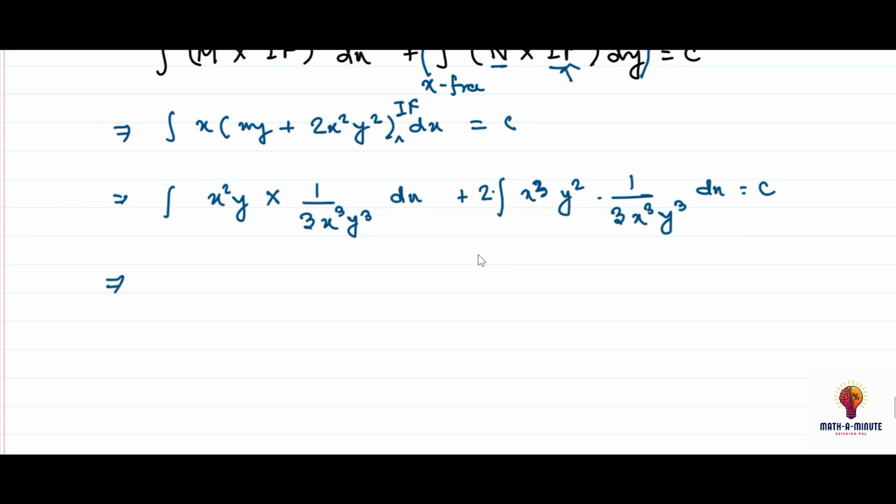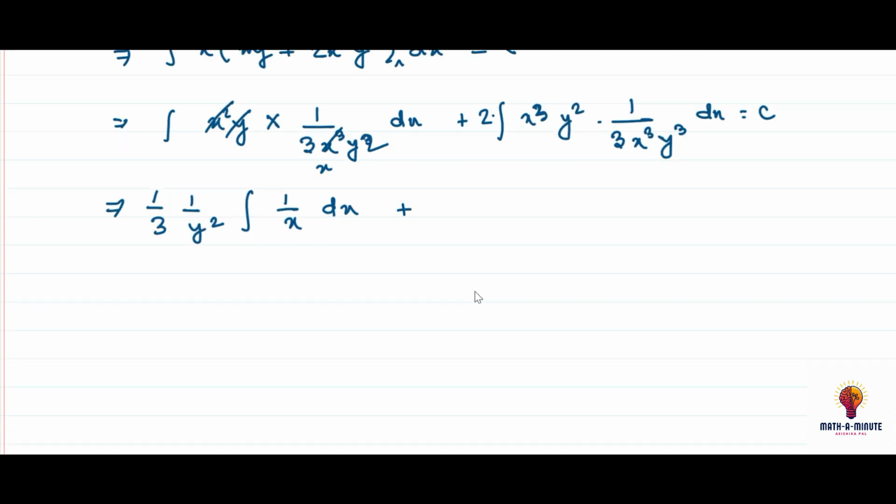First simplify this. There is only one x², so we can say 1 by 3, 1 by y², integration of 1 by x dx, plus 2 into x³y³ will cancel out, so it's 2 by 3 integration of 1 by y dx equals c.